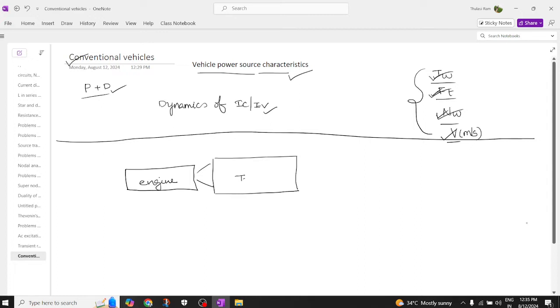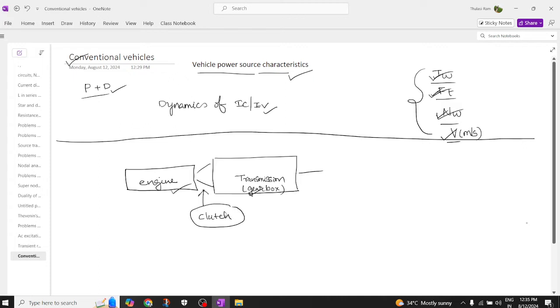This is called the transmission, and this is called a clutch. So by using this clutch, engine will be connected to the gearbox with the help of the clutch mechanism.